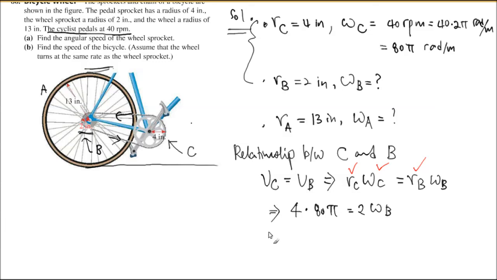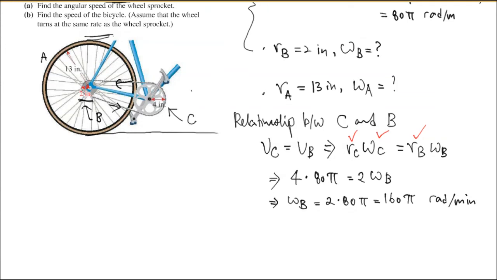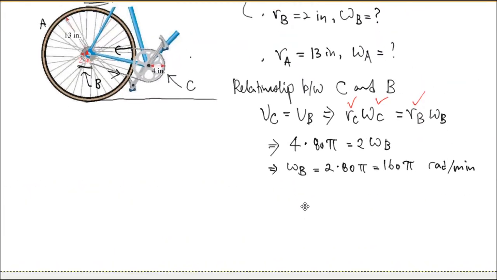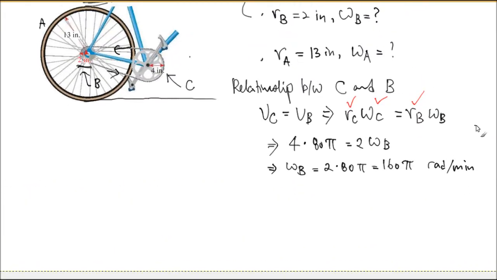So what do you see? Omega B being 2 times 80 pi, you see that? 160 pi radian per minute. Does that make sense? Yeah, that's what it is. Any question? Okay. So we figure that out.